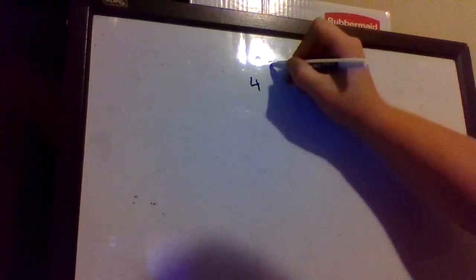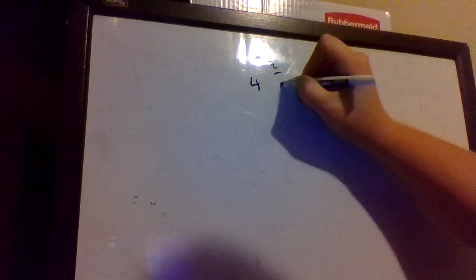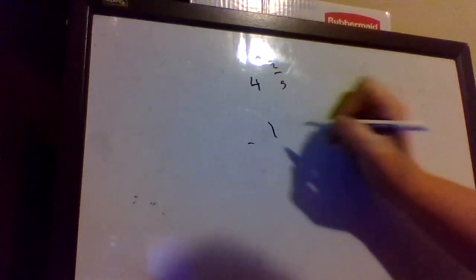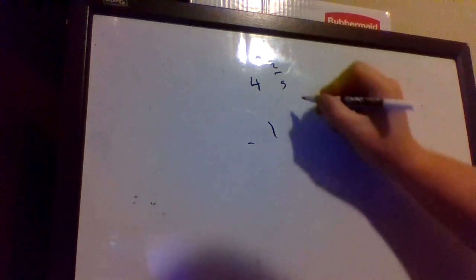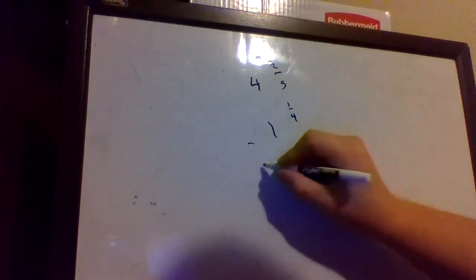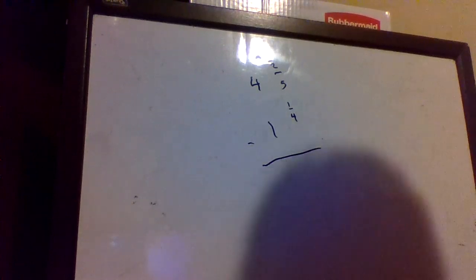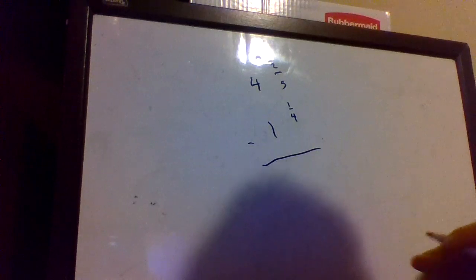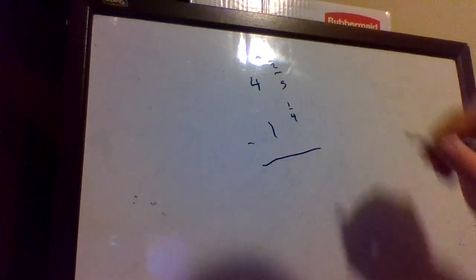So let's start with 4 2/5 minus 1 1/4. Alright. So what's our first step, guys? We find a common denominator.